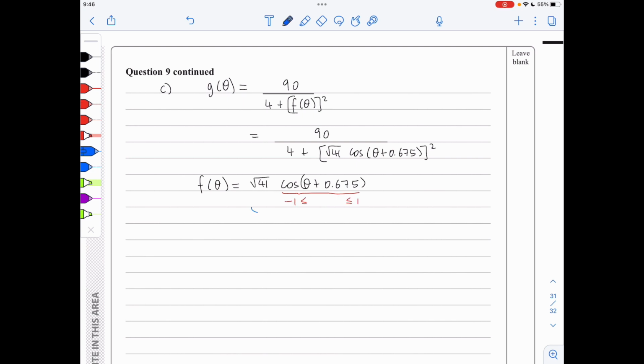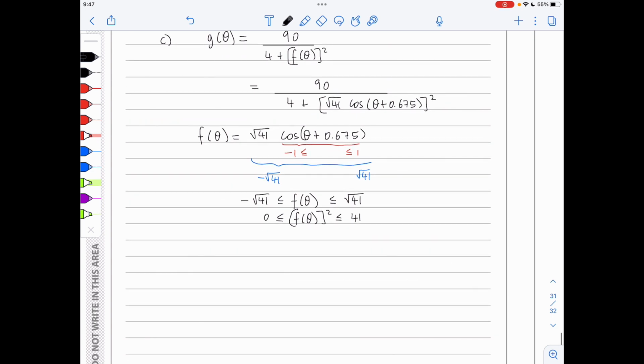So root 41 times the cosine of any angle will be between minus root 41 and root 41. So f of theta is between minus root 41 and root 41. So if I square it, I will certainly be less than or equal to 41, and I will surely be greater than or equal to 0, because anything squared is always non-negative.